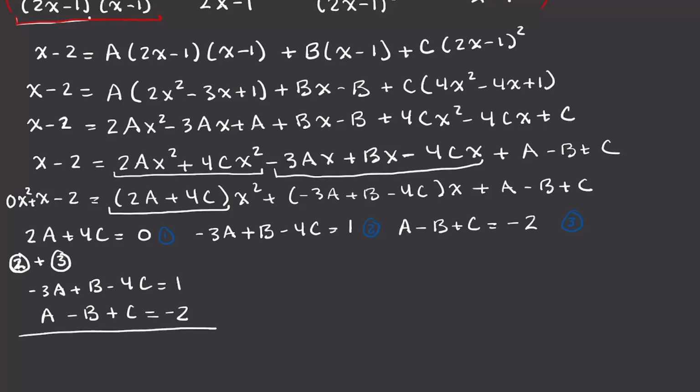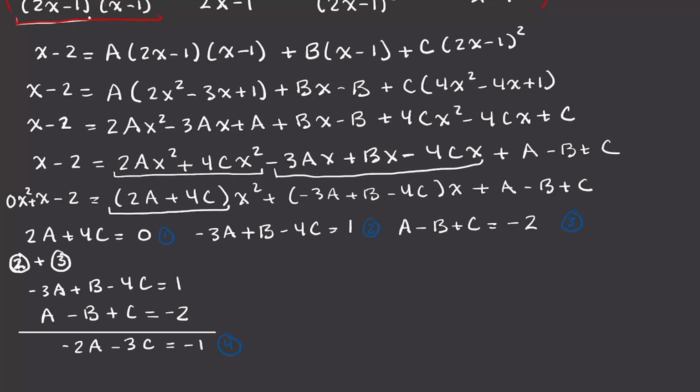Adding these two equations together gives me negative 2a, the b's go away, minus 3c is equal to negative 1. Now I have a new equation which I'm going to label as equation 4.